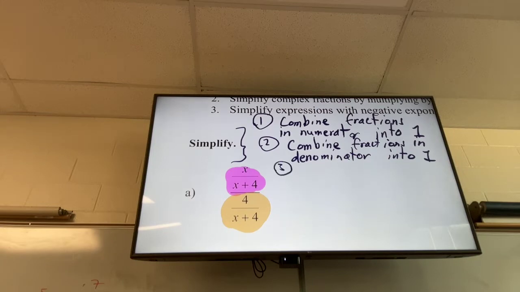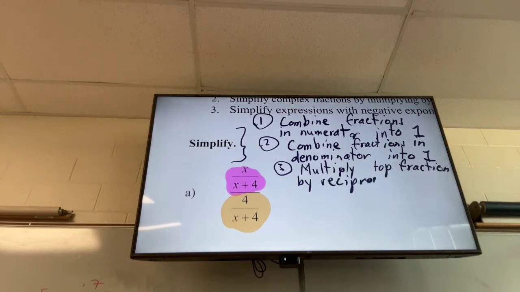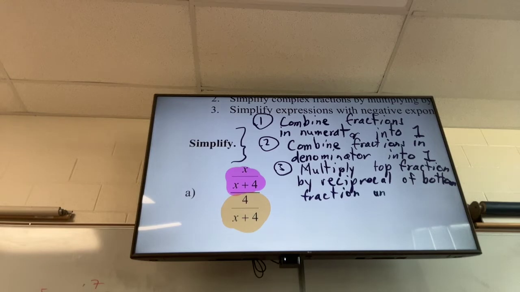The third step is you multiply the top fraction by the reciprocal of the bottom fraction, and solve.